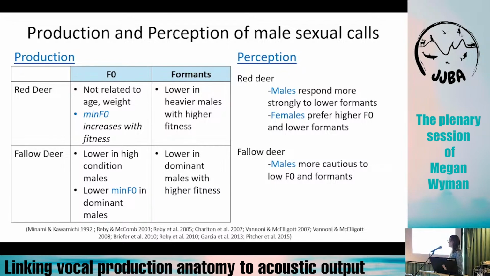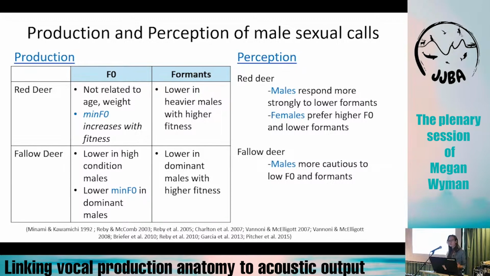So if you are a high-quality male, you have a higher fundamental frequency, which is interesting. Fallow deer, on the other hand, have lower fundamental frequency in high-conditioned males and lower minimum fundamental frequency in dominant males, so the opposite's going on in them. For the formants, in both species, the heavier or more dominant males have lower formants, and these signal high fitness for them.